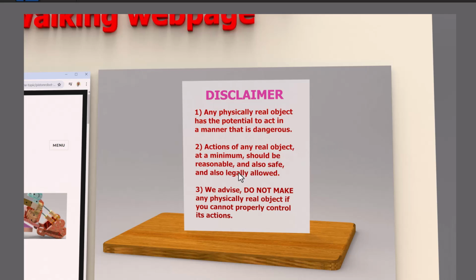And if you can't manage it in that way, my advice is do not create it as a physically real device. And these robots, for instance, made of metal, 6 feet tall, hydraulically operated, they really could hurt somebody if you didn't get your programming and your safety systems, your safety protocols straight. Anyway, so we try to remember to mention that.